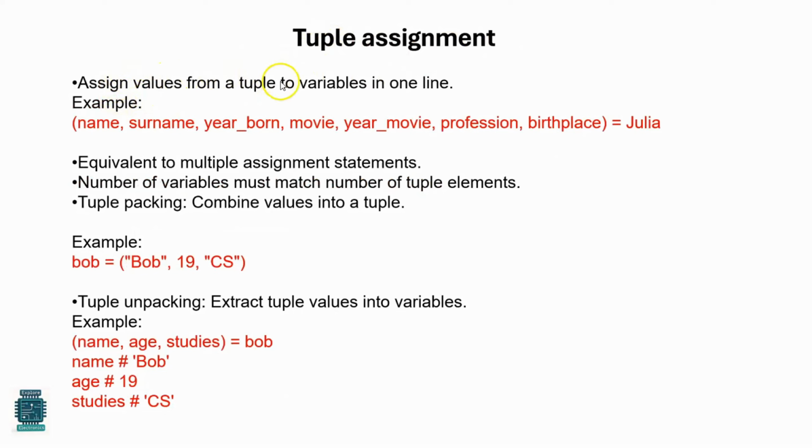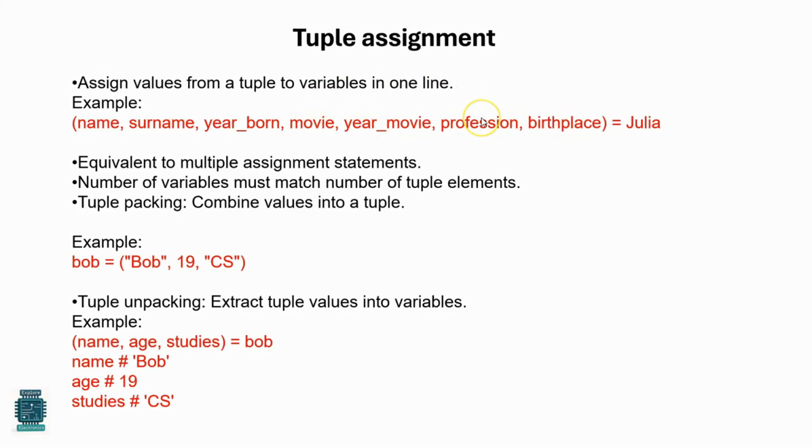Assign values from a tuple to variables in one line. That is, I have values here. I can assign the values to the tuple variable. Got it? This is a variable. I have assigned these values to that tuple variable. Very clear. Name, surname, year of birth, movie, year of movie, profession and birthplace.